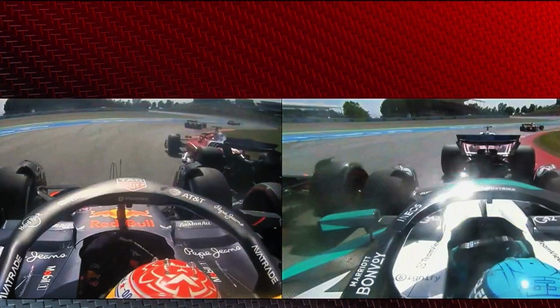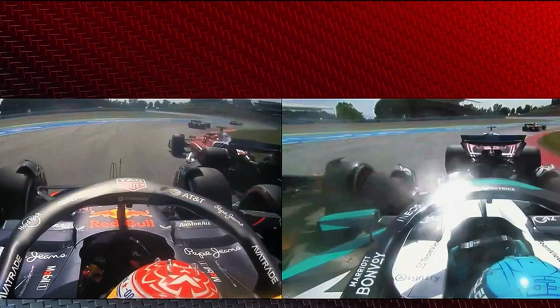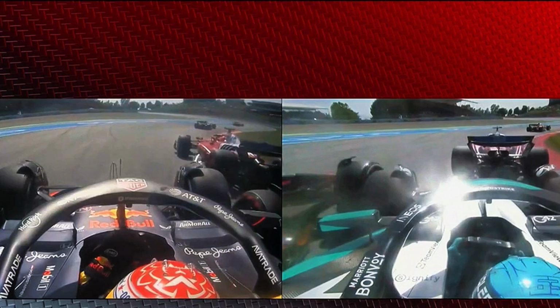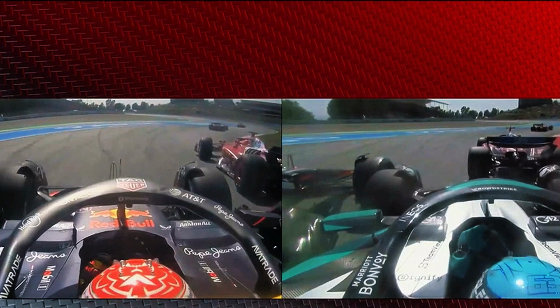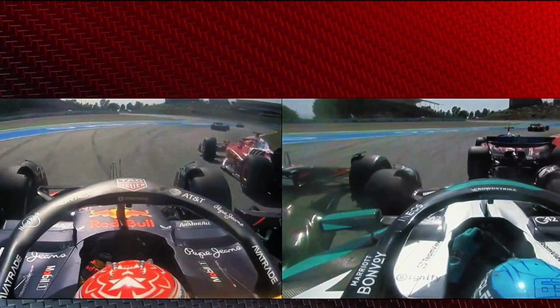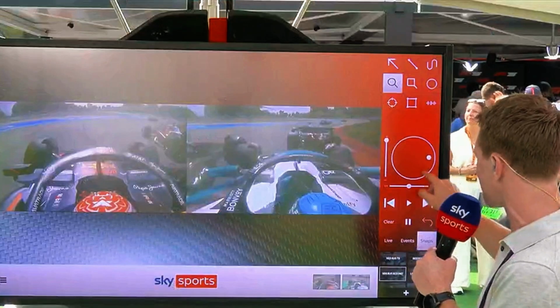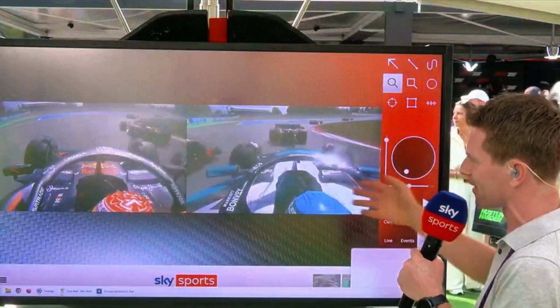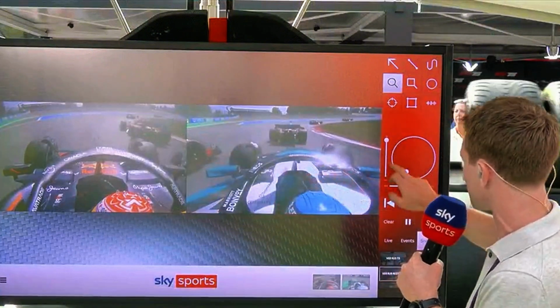And they haven't made contact yet, and then later on, you watch Verstappen's helmet, because you'll see when the contact happens. There. It's at that moment, and it's a big hit, actually. When you look at where Max's head ends up, it actually crashes into the headrest on the left-hand side. So it was a significant hit, and no wonder he couldn't keep control of the car and ends up going off the track.